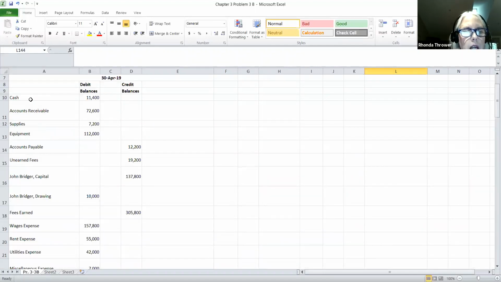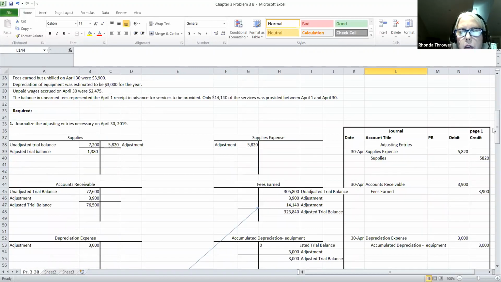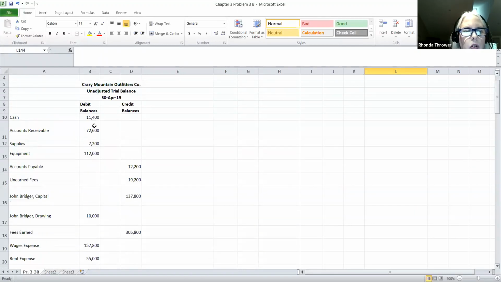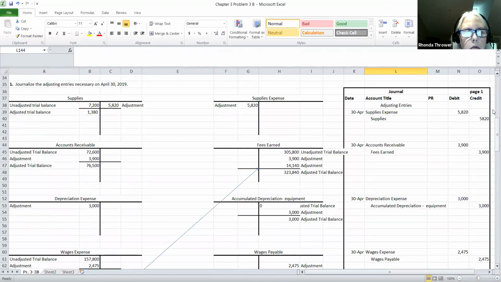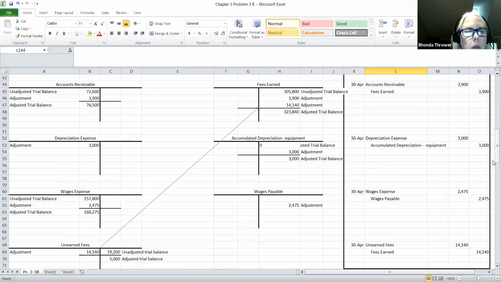So we'll start with the cash account. Because we didn't adjust cash at all in any of our adjusting entries, we're just going to pick up the balance of the cash account and put it on the adjusted trial balance. My accounts receivable would come next.